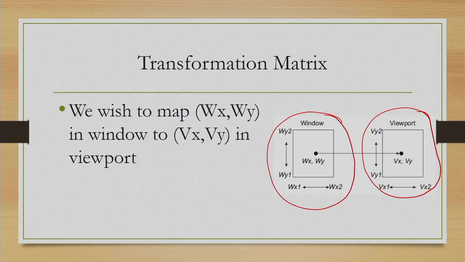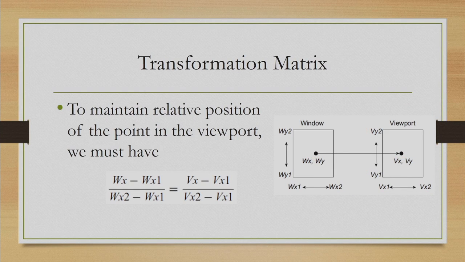So, Wx, Wy is a point on the window and we want to map it to a point on the viewport, Vx, Vy. So, how can we do that? The first thing is that we have to maintain the relative position of this point with respect to its boundaries. So, the same relative position has to be maintained in the viewport.